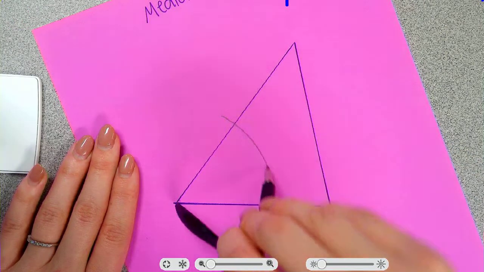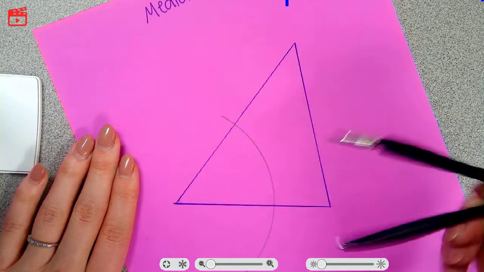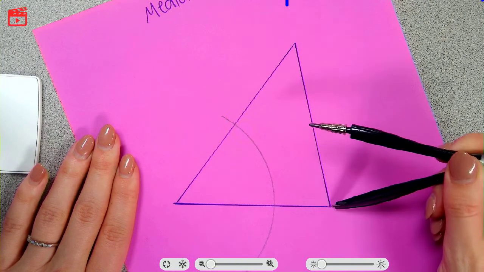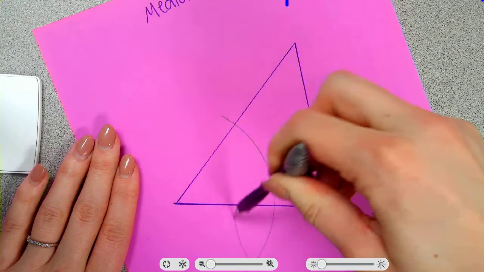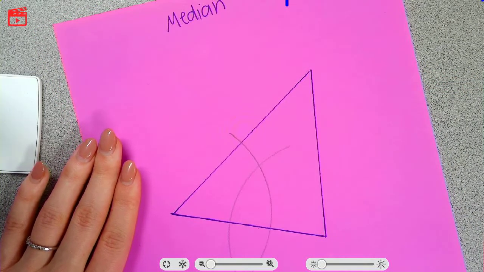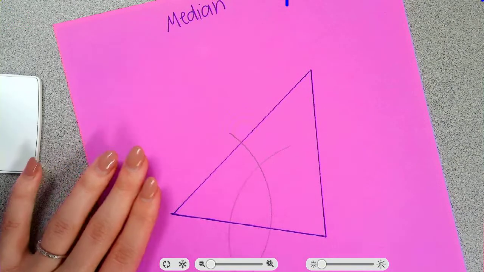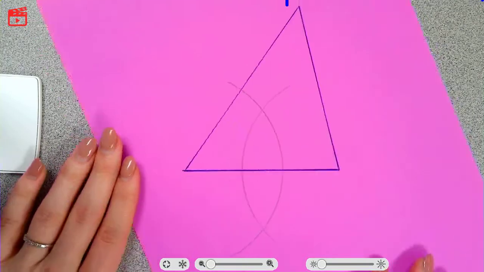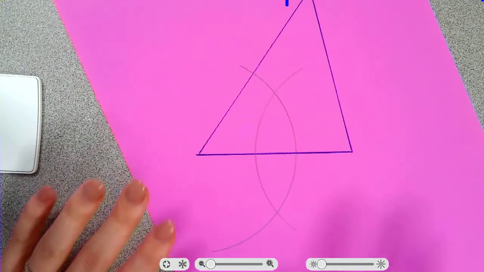I'm going to curve this way. Okay. It's not going to go directly to the median. Do not make any marks.